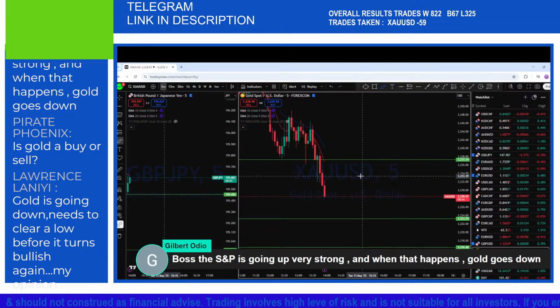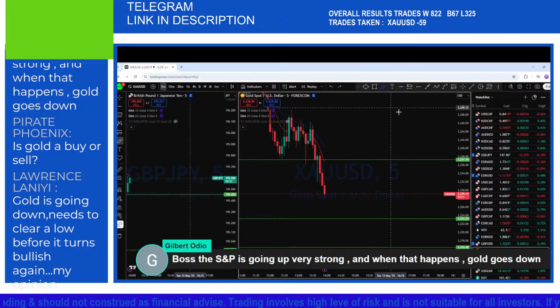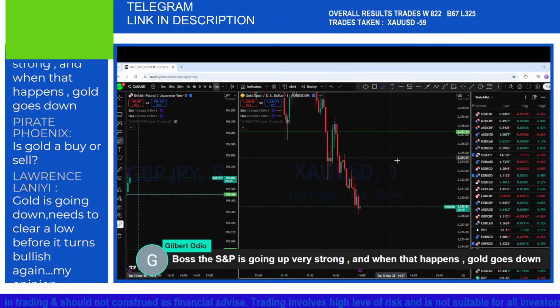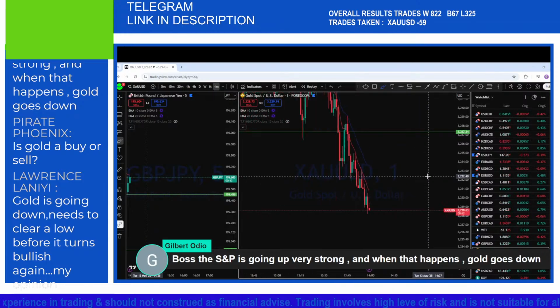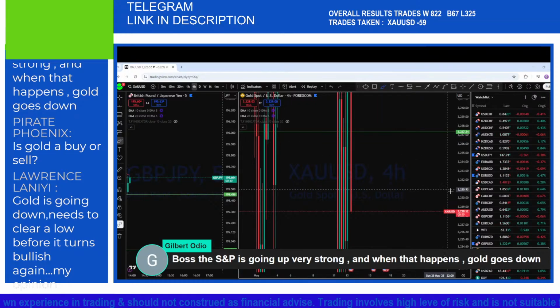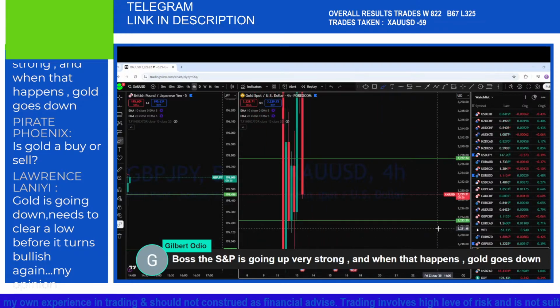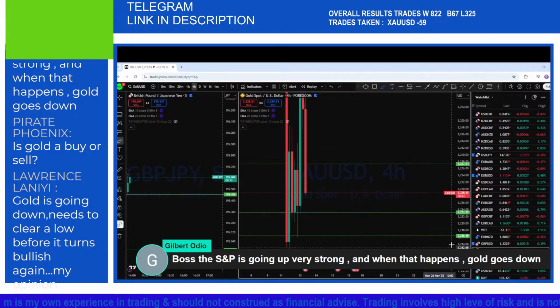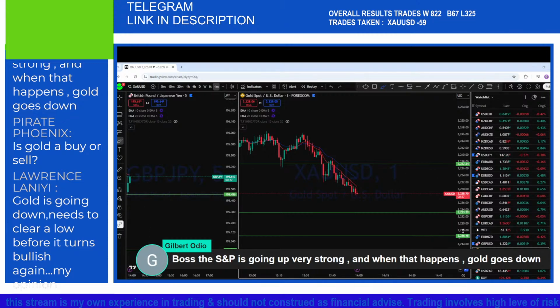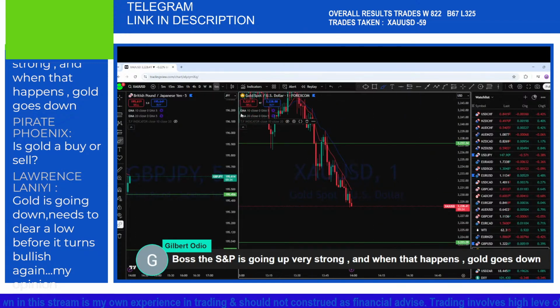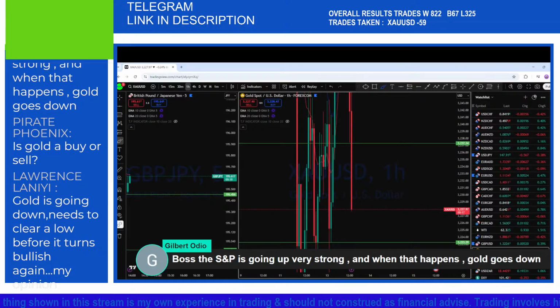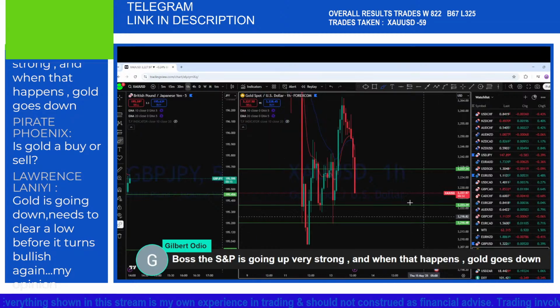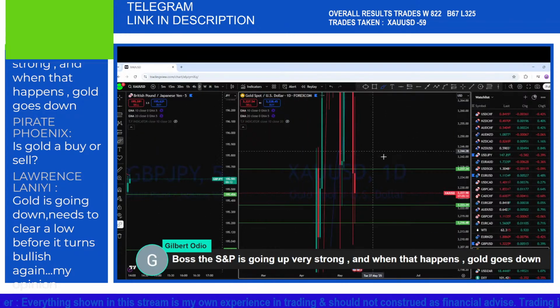Now at the moment for us, for the next entry, as there is a 4-hour close coming, you can see this is the 4-hour candle closing, and it's a complete break to the daily support.